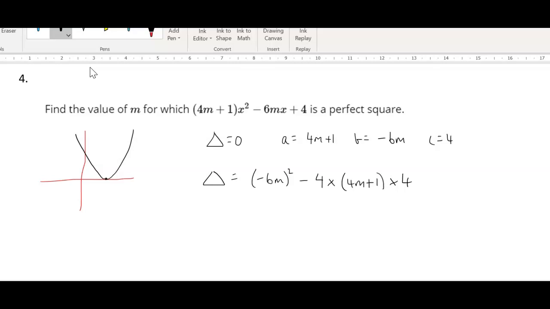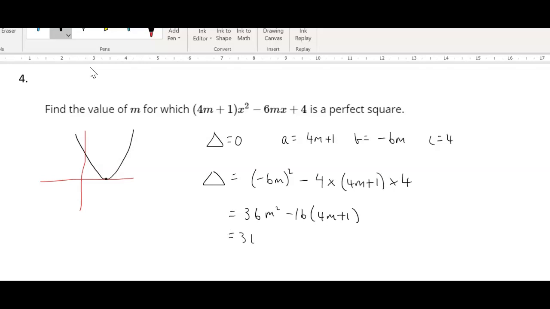Your a we need to put in brackets because we're going to be multiplying both terms. So (−6)² is 36, m² is m², 4 times 4 is 16, so we're going to have minus 16(4m + 1).